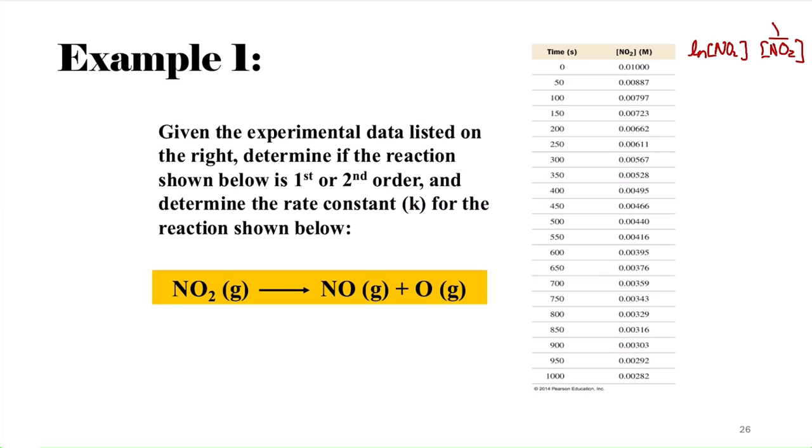And so I know I keep reinforcing this just because I think it's a foreign concept, but all you're doing for your y values here is you're just taking this value and you're saying natural log of that value gives me this value. Natural log of this value gives me the second time point. Then you do that for all of these, and then you just plot this column versus that column.